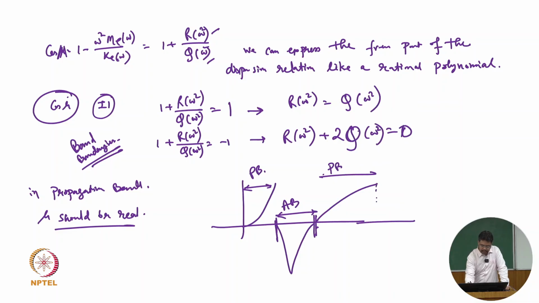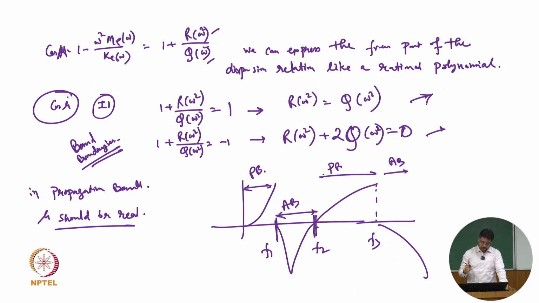And then once it reaches here, you again start getting the attenuation. So again comes the attenuation band. So these boundaries, like F1, F2, F3, we can calculate if we solve these two equations. So this gives that interesting point.